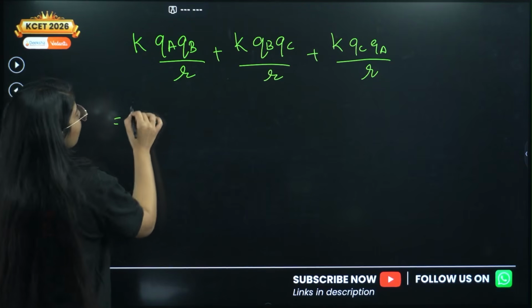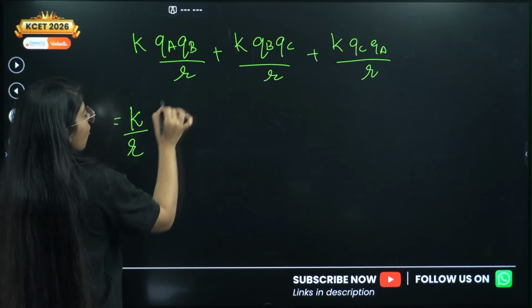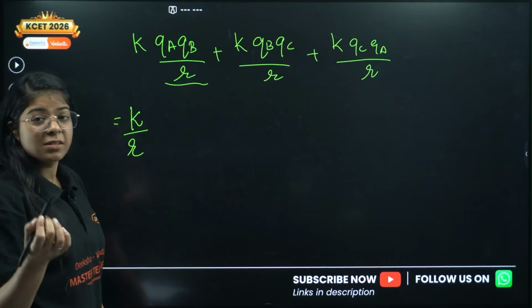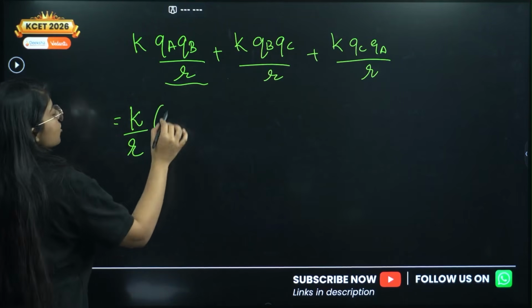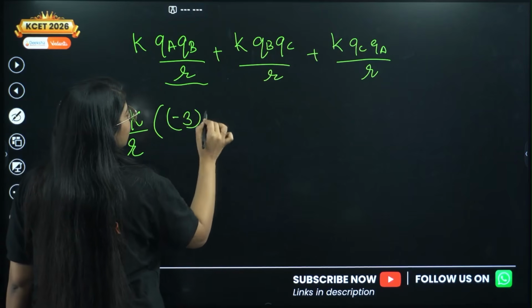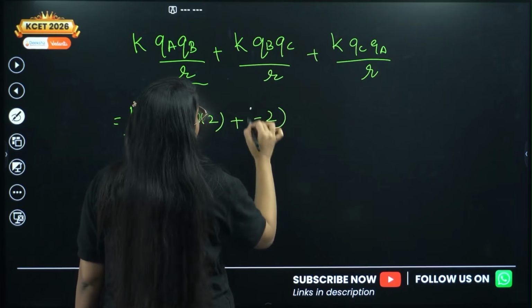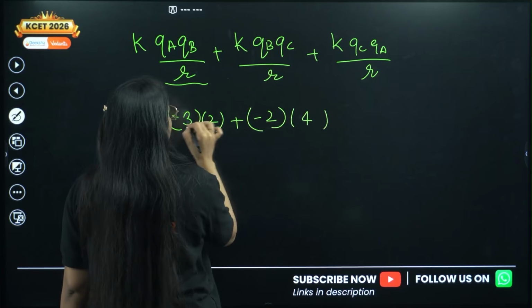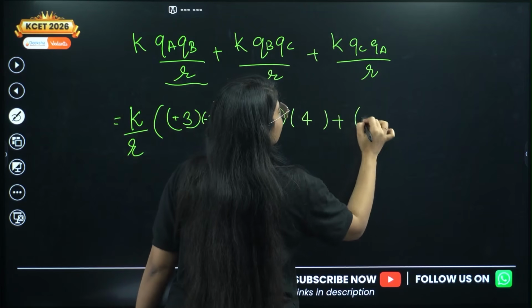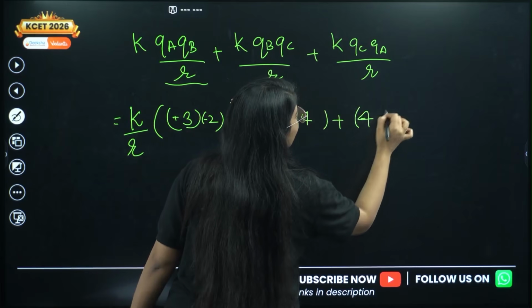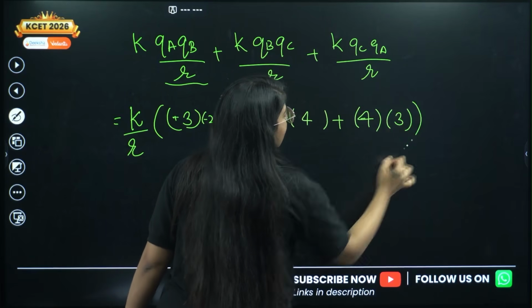Correct? Now we can just take K and R common, since R is the same as this is an equilateral triangle. So the charges were what? 3 into -2, plus -2 into 4, plus 4 into 3. Correct?